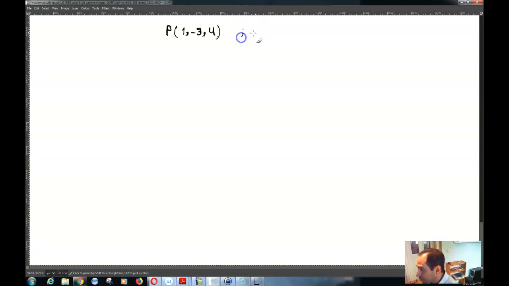And your point Q is basically -4, 1, 2. For this point, x is negative, y is positive, and z is positive. You are in the 2nd octant, for example, here.